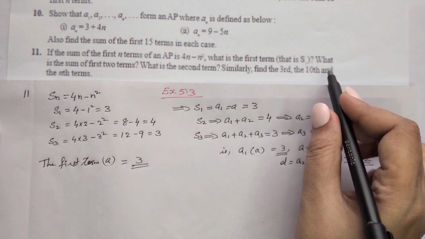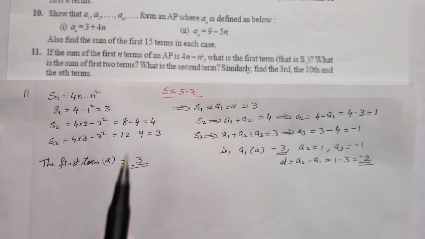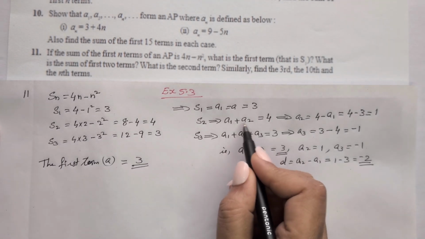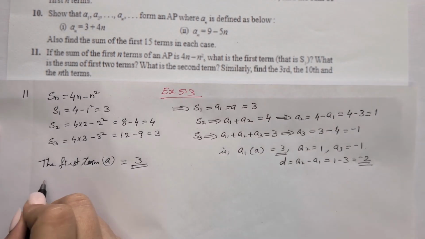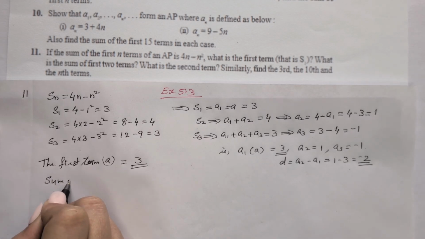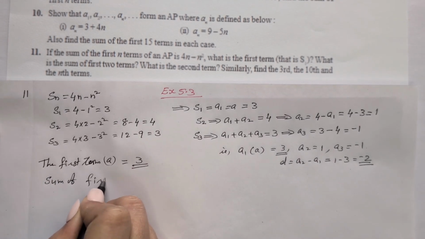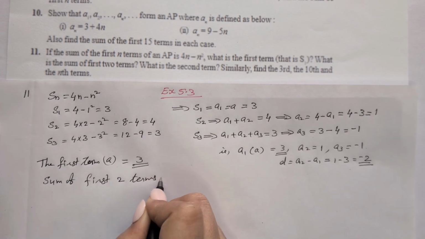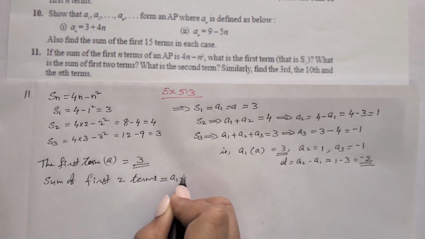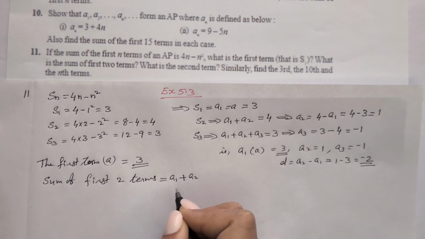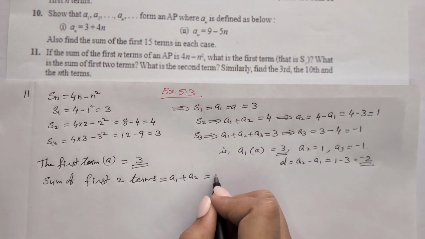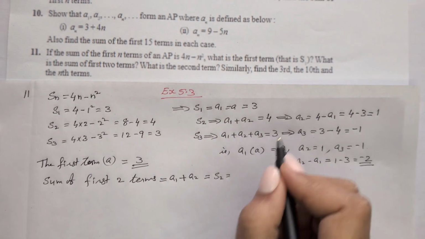Now the second part of that question is the sum of first two terms, that means A1 plus A2, same as S2. That is equal to 4.